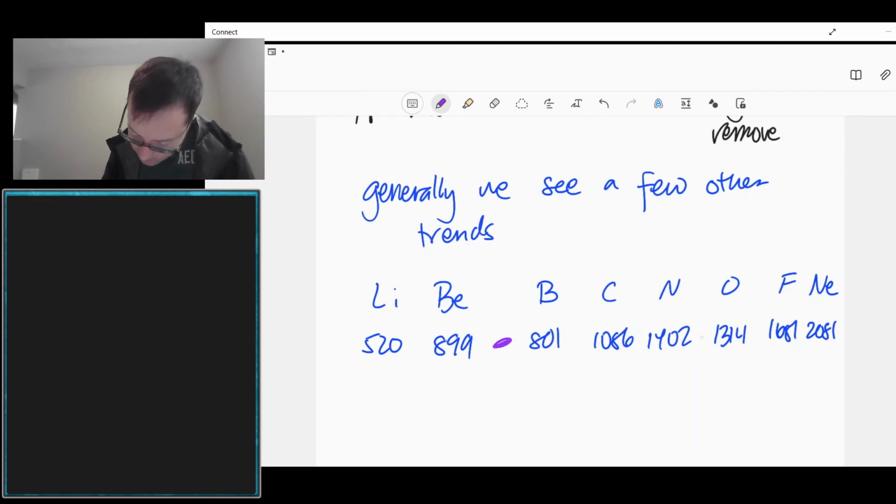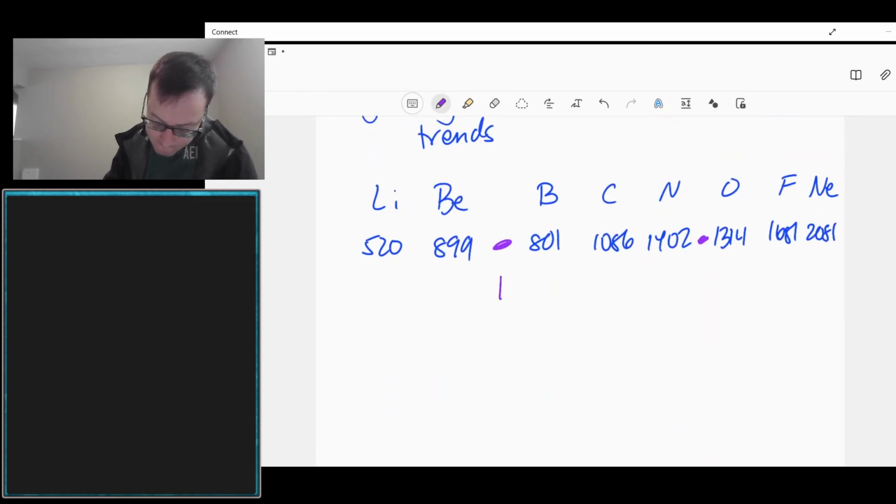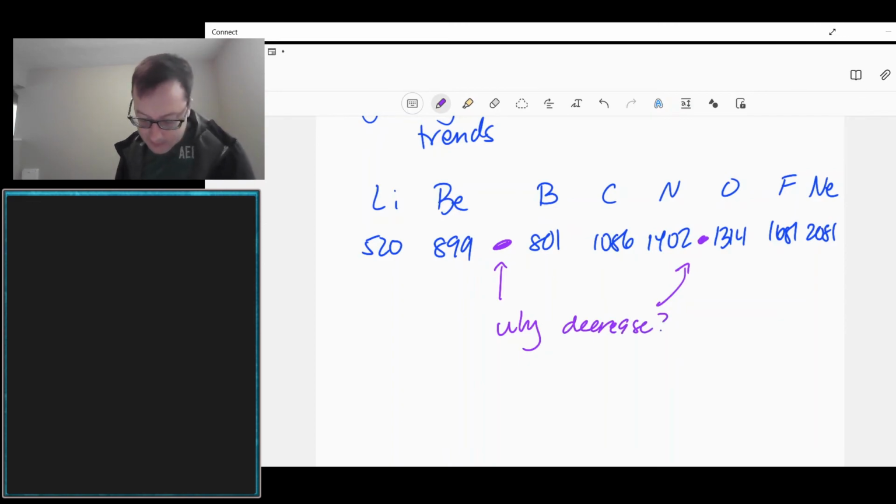we have some special things happening here. It actually decreases at these 2 points. Why does it decrease here? Why does it technically decrease here?